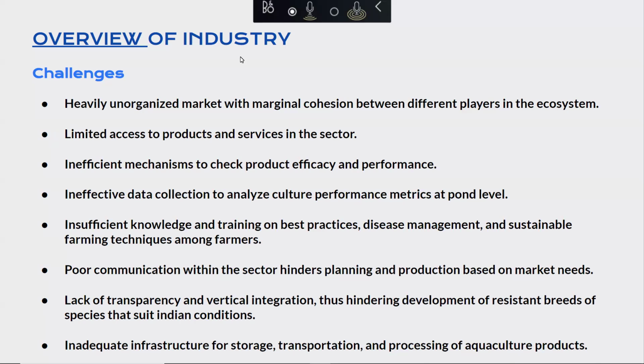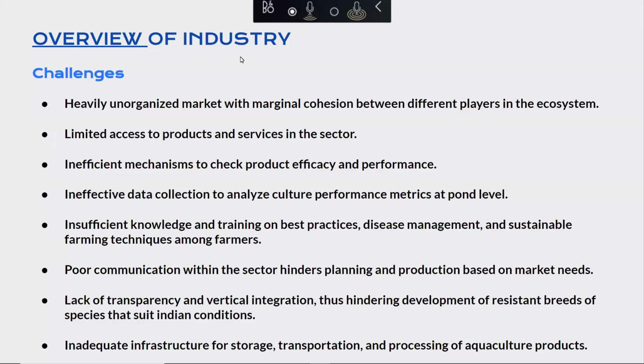What worked in this pond, what didn't work in the adjacent pond, because there are too many data points. So the farmers need a really efficient way of collecting their data and at the same time getting better insights from the data they are capturing.